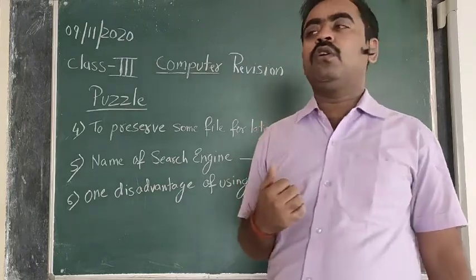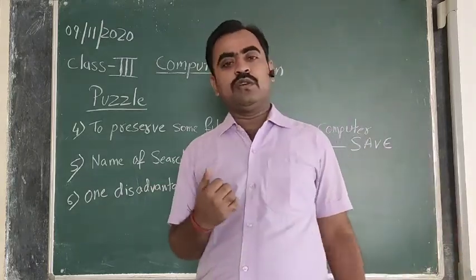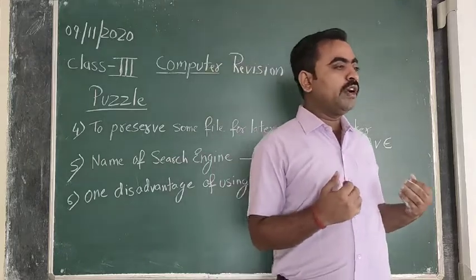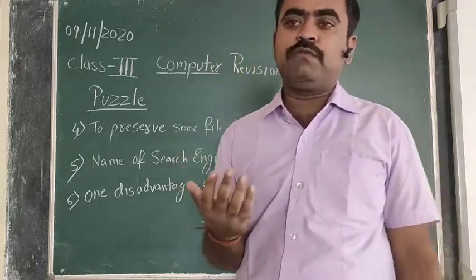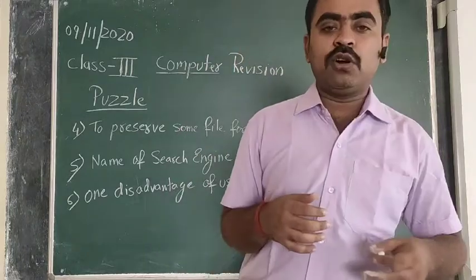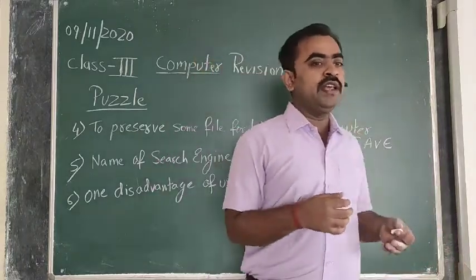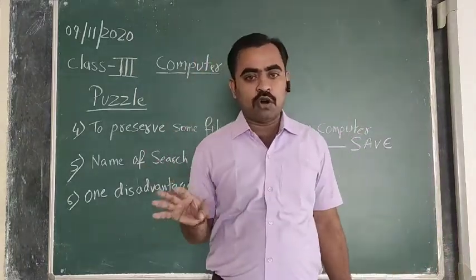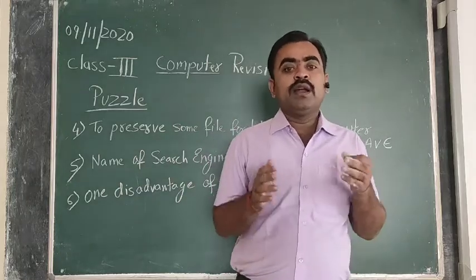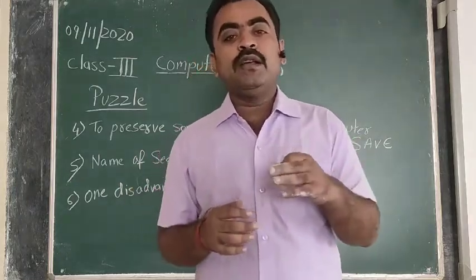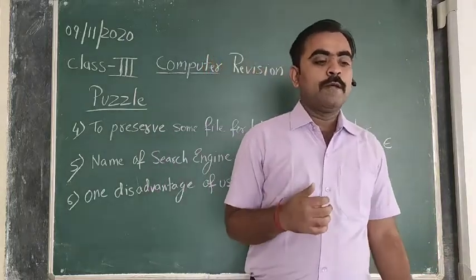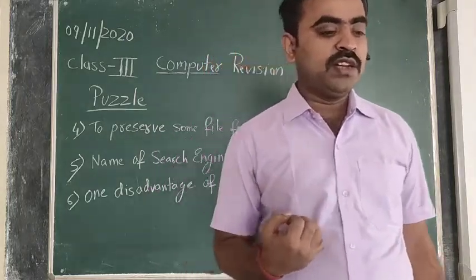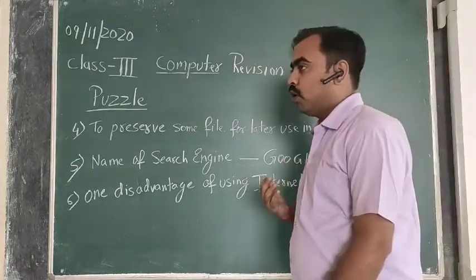So it has disadvantages also, because if you do not know whether the news or information you are going to share with your friends or relatives is correct or not, and that information is wrong, then you are spreading wrong information over the internet. So it is one of the disadvantages. Another one is fraud.